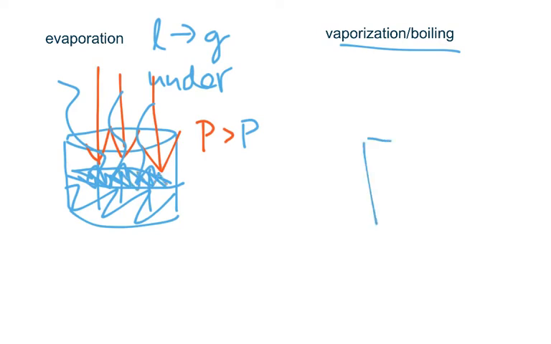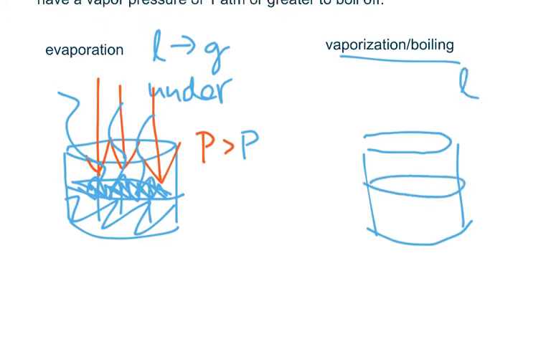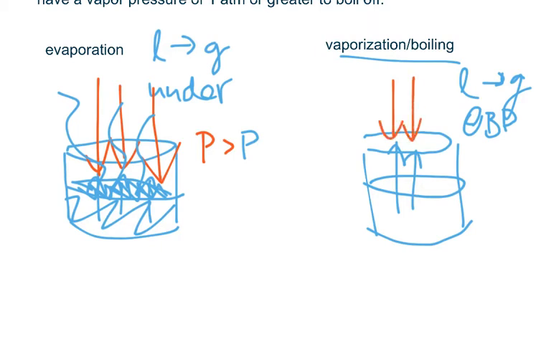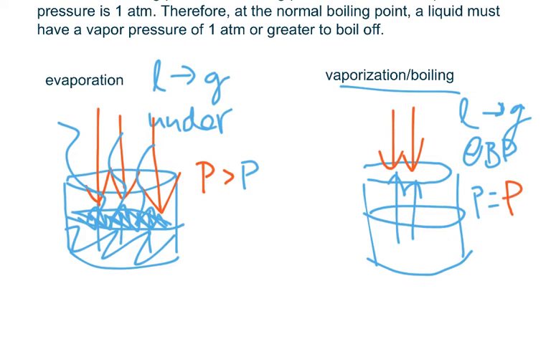Now, what happens during vaporization or boiling? During vaporization or boiling, liquids are still turned into gas, and this occurs at the boiling point. And what happens is that the vapor pressure will be equal to the atmospheric pressure, and because of that, the liquid will be able to overcome the pressure caused by the atmosphere and be able to float freely.